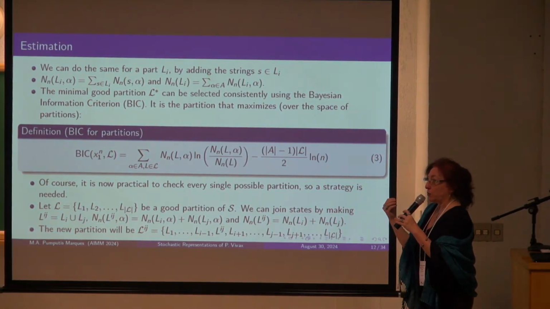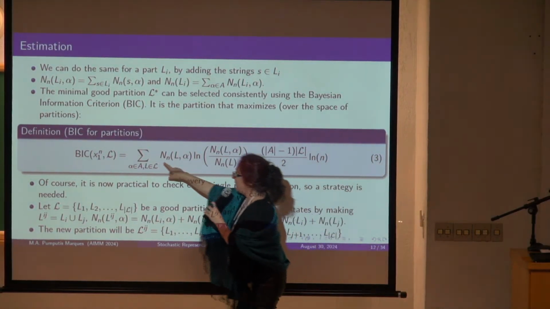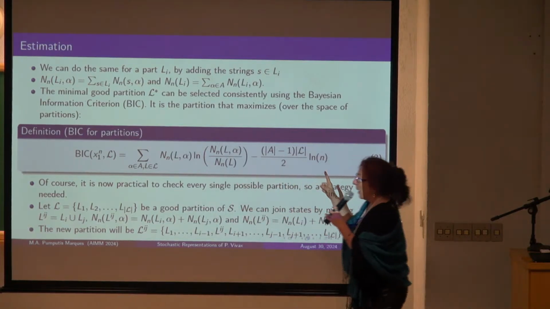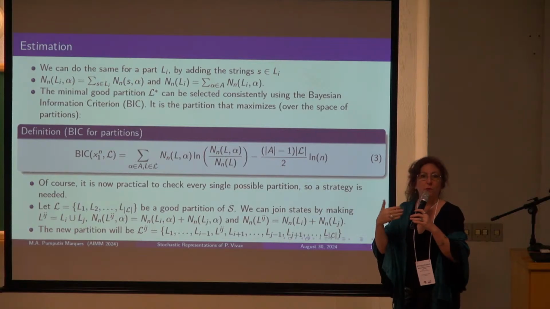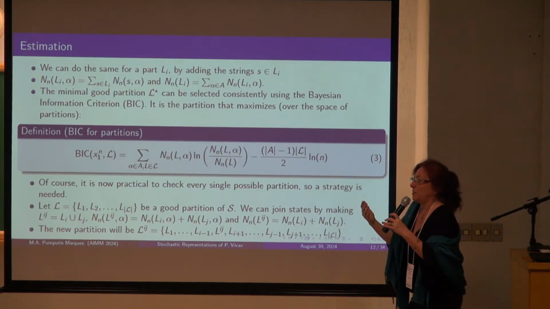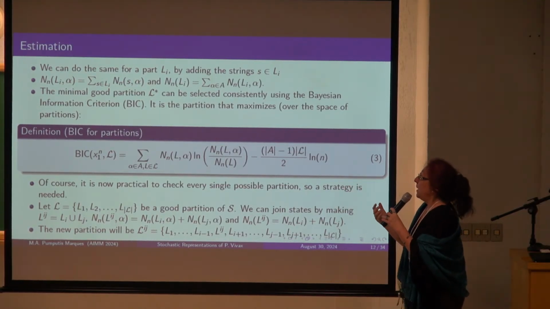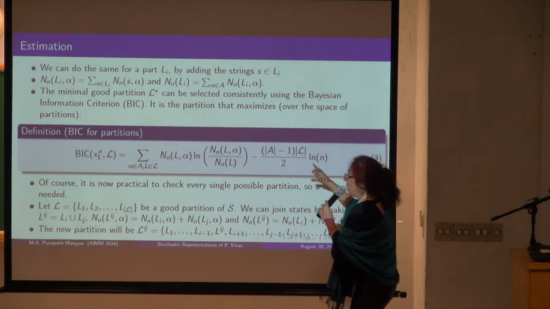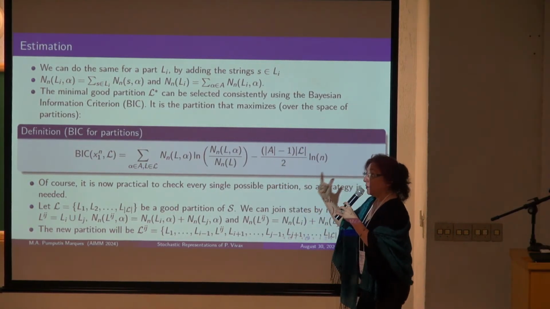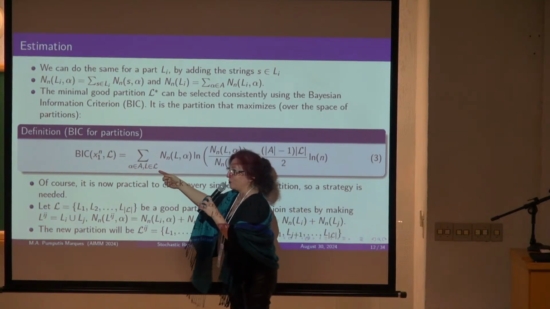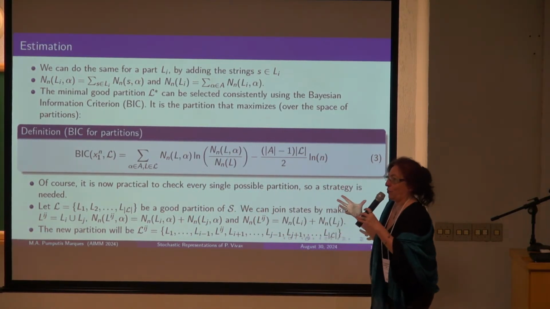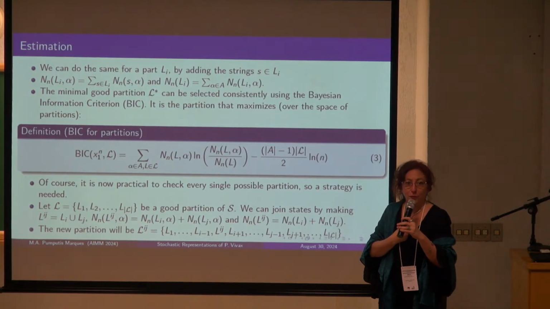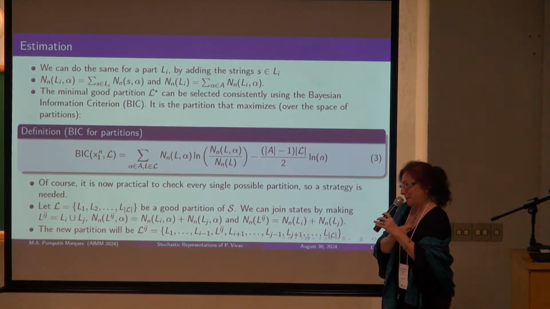The best partition, the best L, needs to be the one that maximizes this criterion. This is model selection theory. And to do that, you need to run all the possible partitions. That is a huge quantity of partitions. So you need to have a strategy to do that.